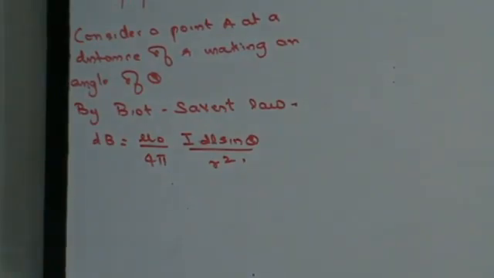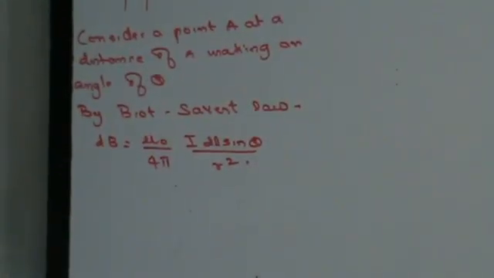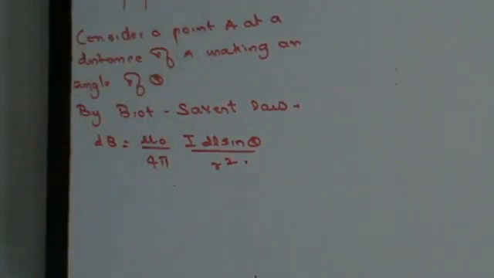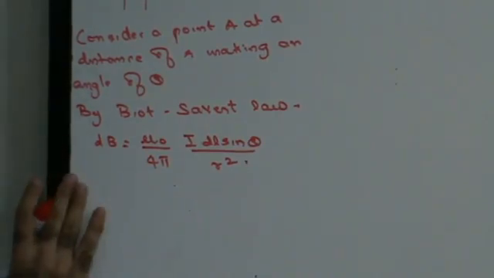Biot-Savart's law said that the magnetic induction at a point is directly proportional to the current flowing through the conductor, directly proportional to the length of the conductor, inversely proportional to the square of the distance, and directly proportional to the sine of the angle that the given point makes with the conductor. So this was Biot-Savart's law, which we have already learned.